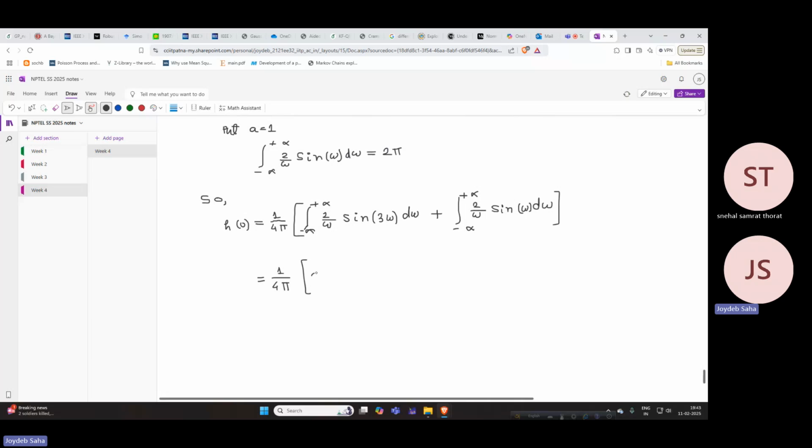This value is 2 pi, plus another 2 pi, right?